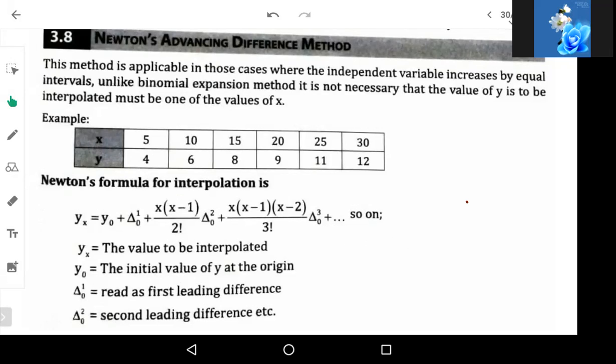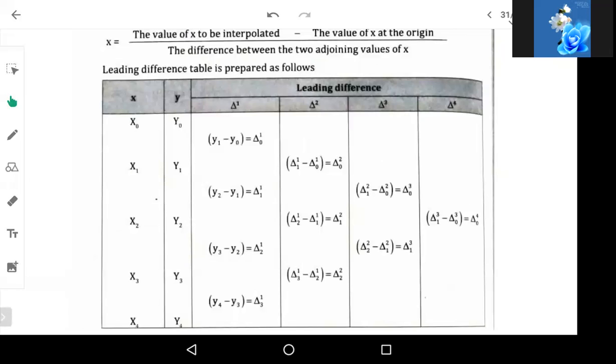Now let us see how to find the leading differences. Firstly, whatever x is given in the question, copy that x into a tabular format, and take the given y values also. After this, we calculate the leading differences.